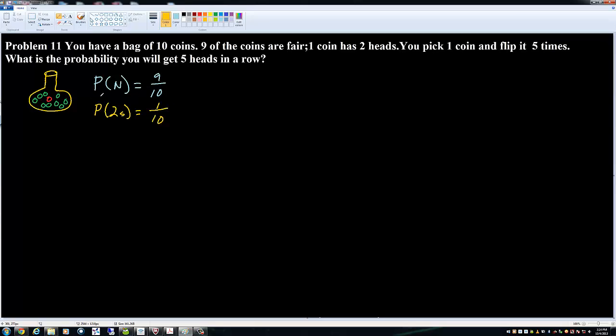Then we want to find out the probability of getting 5 heads in a row having picked one of these 2 coins.